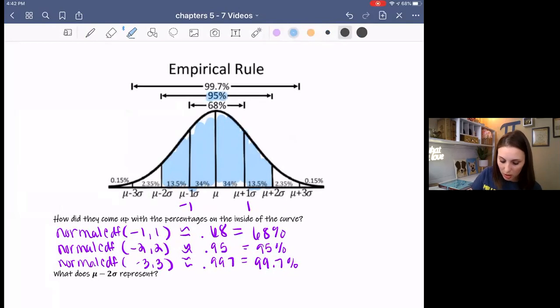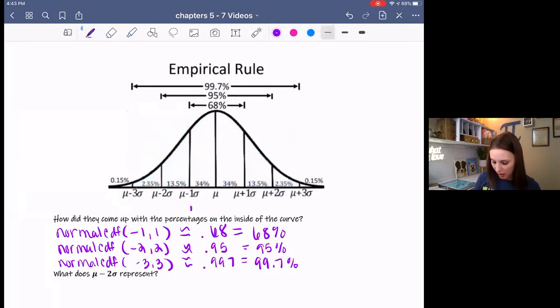And then when you do 3 standard deviations, so that represents -3 to +3, you get 99.7. Isn't that neat? I just think this is so cool how it all ties together.